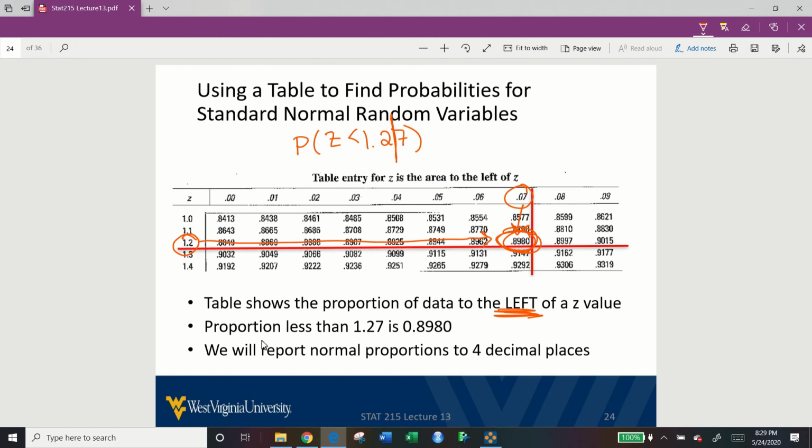So this tells us that our probability of it being less than 1.27 is going to be 0.8980. And this chart, like a lot of the other charts, gives us our values to 4 decimal places.